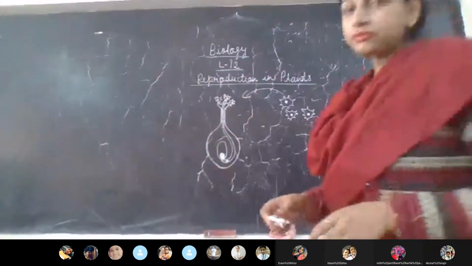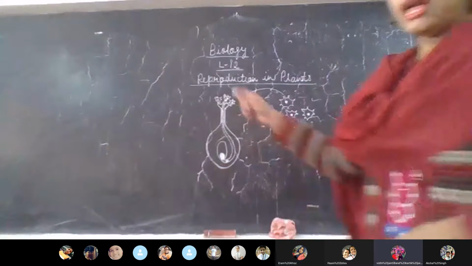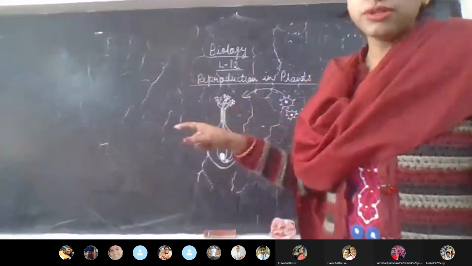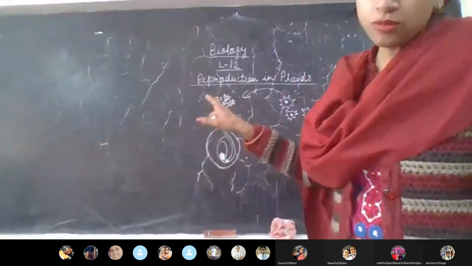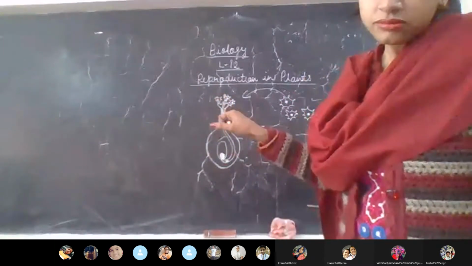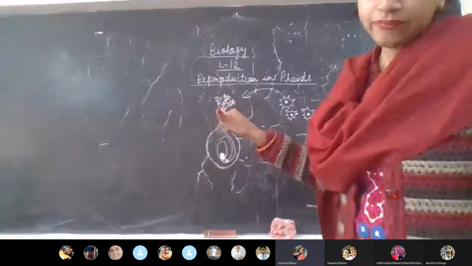I hope this is clear to everyone. Please observe. The egg nucleus and the nucleus of the pollen grain have to fuse, and that is why this tube was formed.